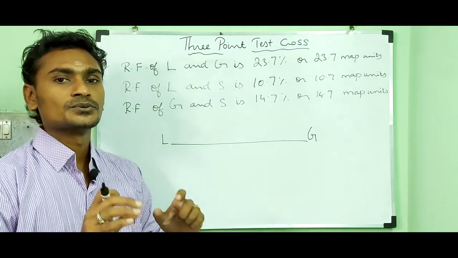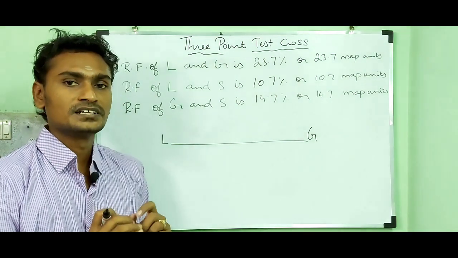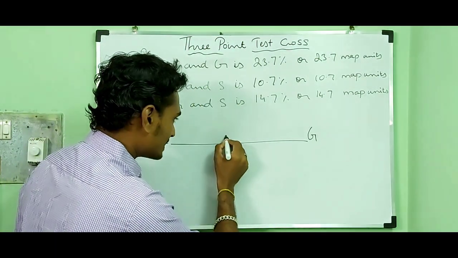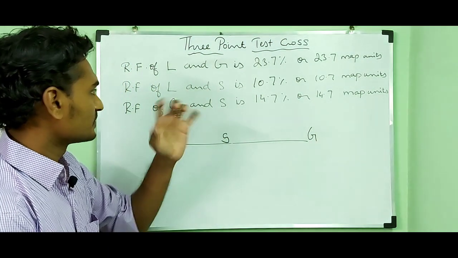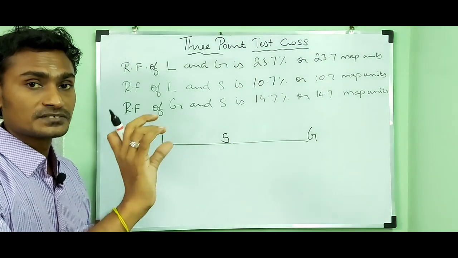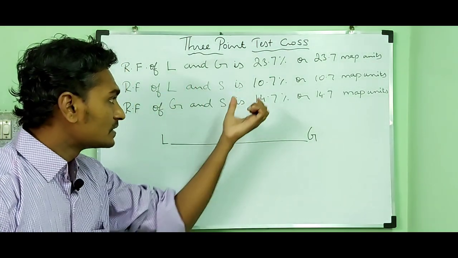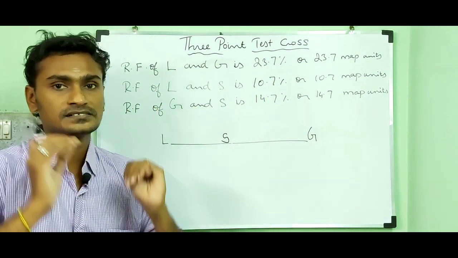So you can conclude which allele is going to come between them, that is the S allele, because the recombination frequency between the allele L and S is about 10.7%, and that is the least frequency.